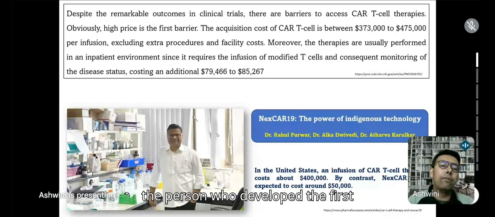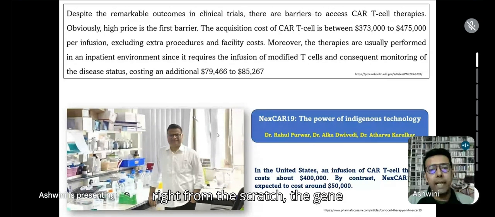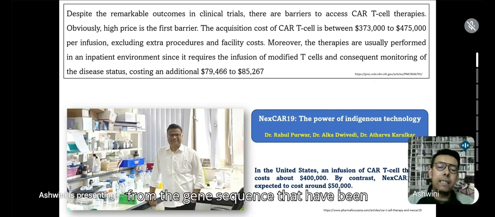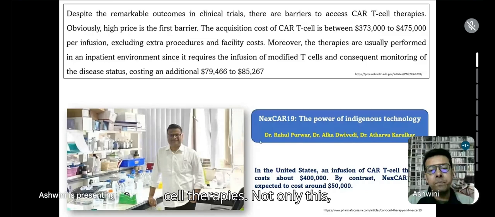Now, he's the person who developed the first indigenous CAR T cell therapy in India right from the scratch. The gene sequence that he developed for the CAR protein is completely different from the gene sequence that had been used for the earlier 6 approved CAR T cell therapies.